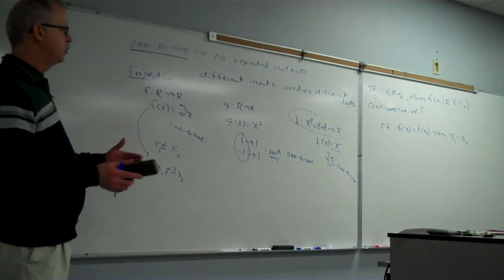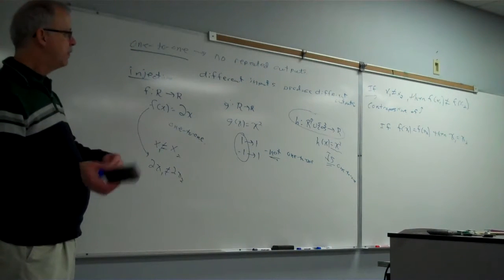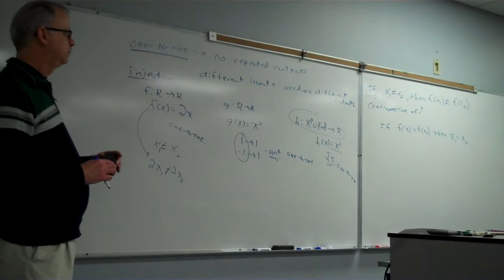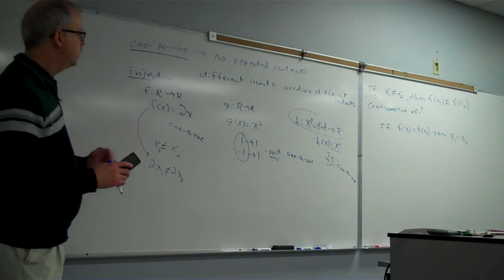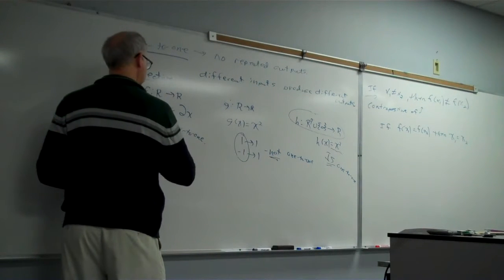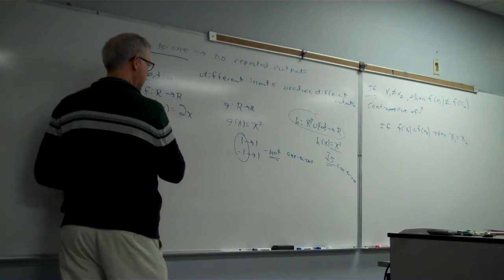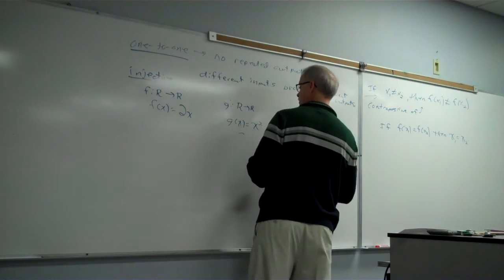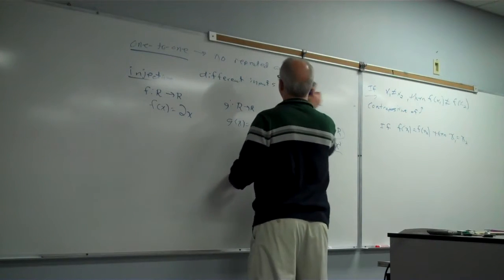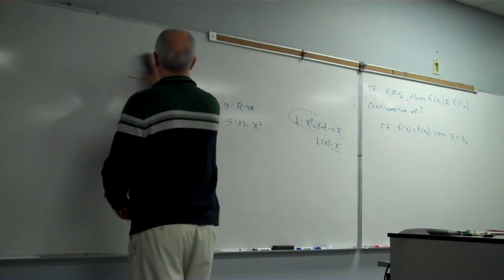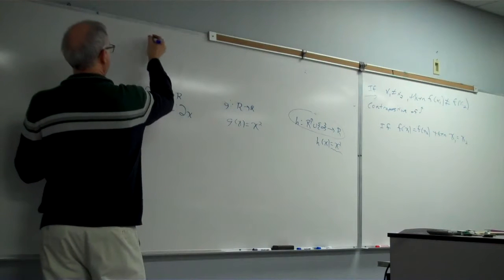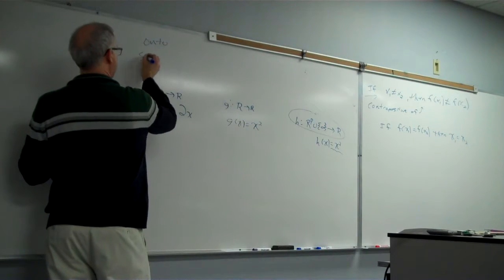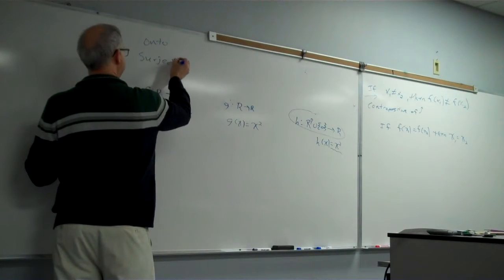So that's one thing we're interested in. Do we ever repeat the outputs? The other thing we're interested in, let me erase some of this, is onto, or the book calls this surjective.